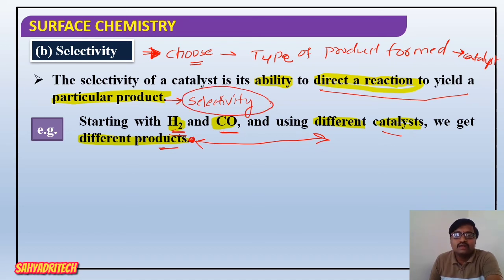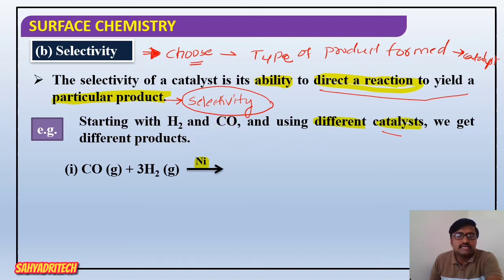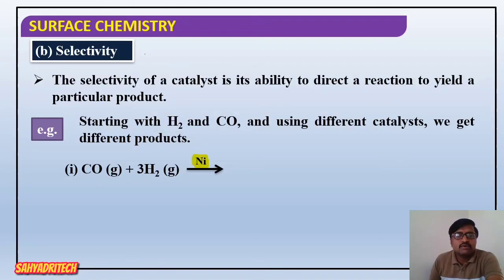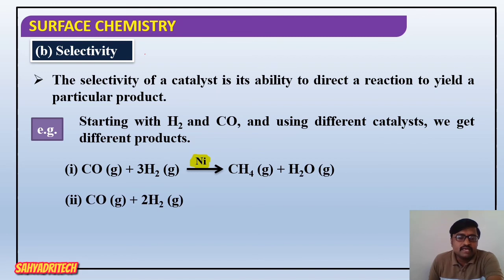Well, we analyze examples. The first example, so when I look at the reaction equation, what is the catalyst used here? Nickel is used as a catalyst. Reactants, carbon monoxide and hydrogen. When you look at the product formed, what is the product formed here? That is methane.